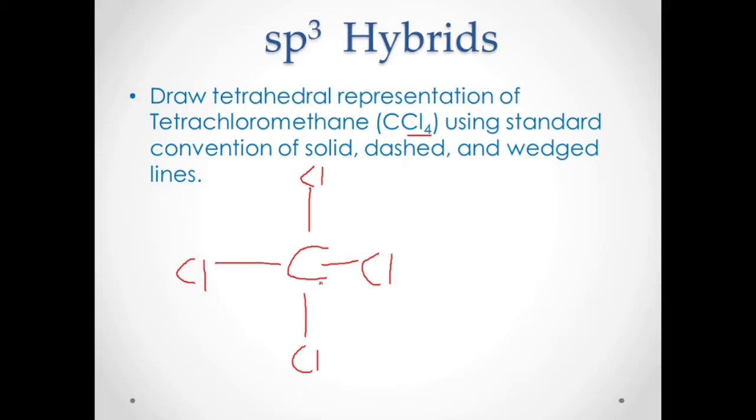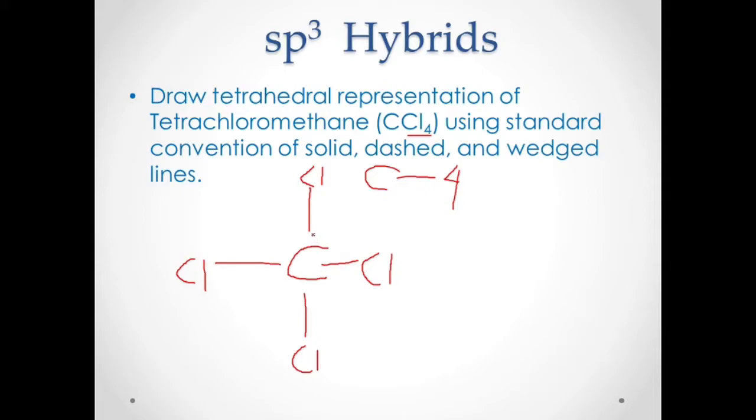And remember that 1 electron is coming from the chlorine and the other electron is coming from your carbon. So the valence electron of carbon is 4, therefore all of its valence electrons are used up to make bonds.